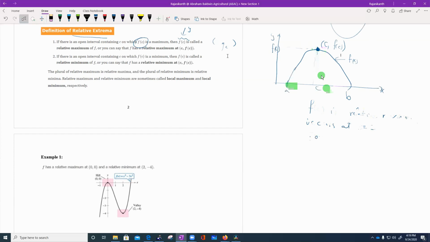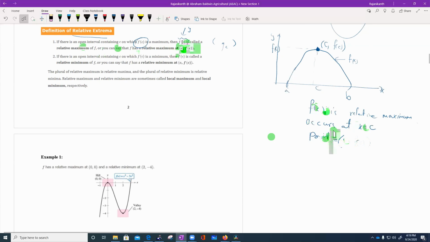Then what is the maximum point? A point you always have to give in coordinate form. This is my maximum point: x value is c, y value is f(c). So you have to understand all three things, right? So that is what is explained here.